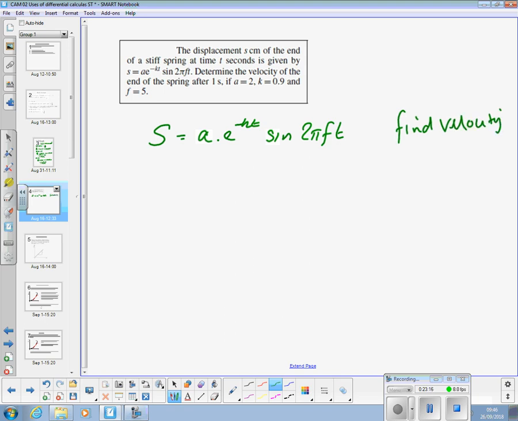So if we have a function for position, we differentiate it to find the rate of change of position, or velocity. More detail about that in a minute.